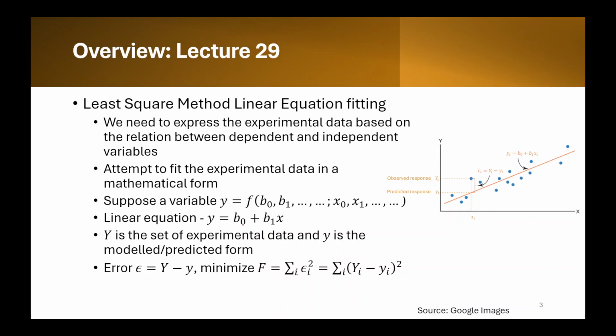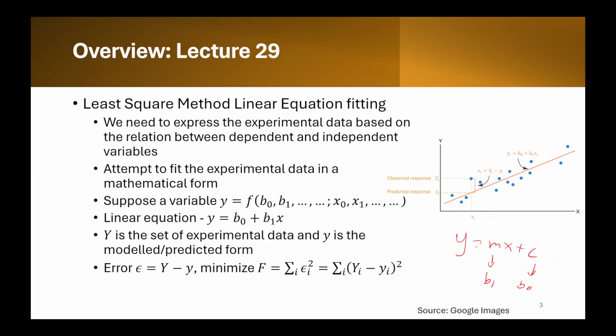Then there exists a linear equation in this form: y is equal to b naught plus b1x. You know this equation: y is equal to mx plus c. So here m is basically b1 and c is b naught. These are the coefficients here.